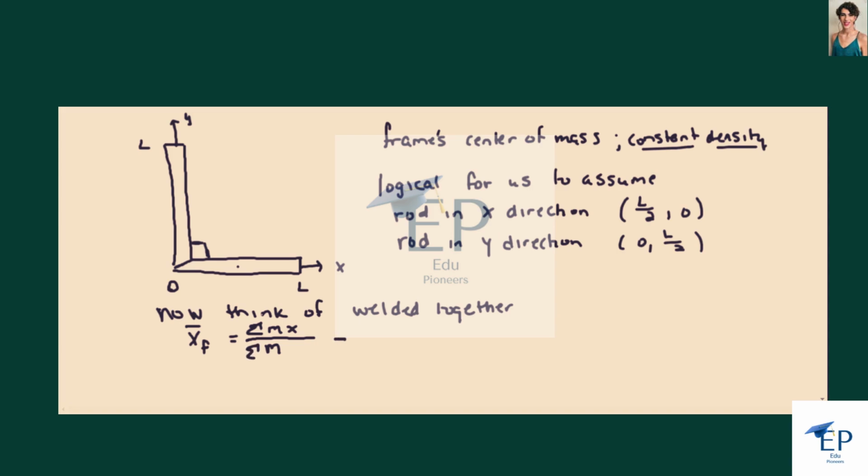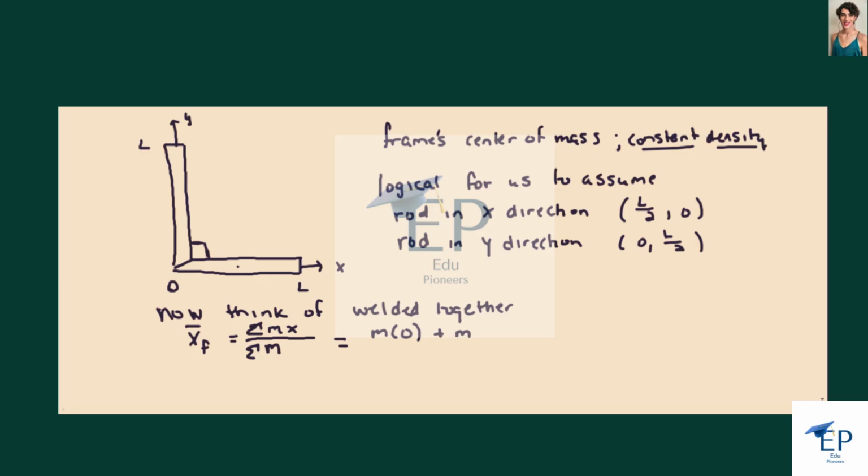If we look at this, all of the mass in the Y direction is 0 away from the length. This would be the pivot point, and it's all right here, so it is a distance of 0.